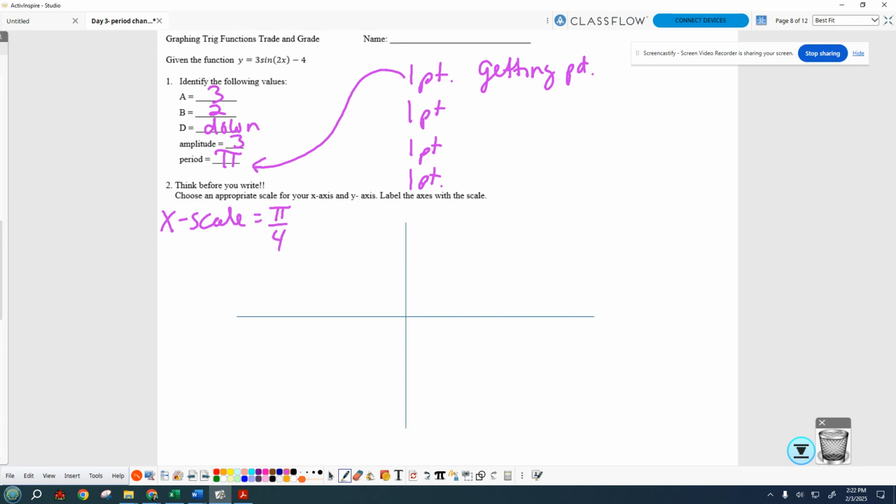The period of the function cut into 4 pieces. So we're going to go from 0 to pi, equally spaced, 1/4, 2/4, 3/4. You don't get the point for scale unless you also have one on the y-axis.